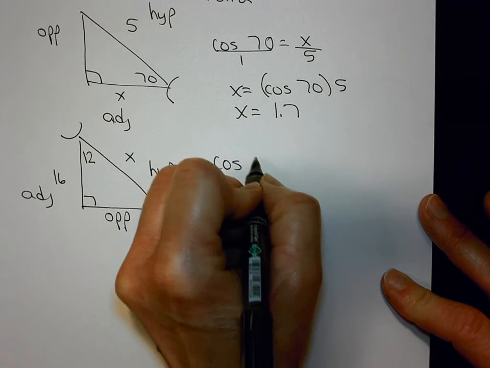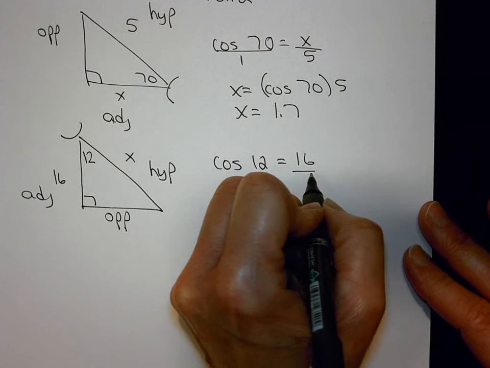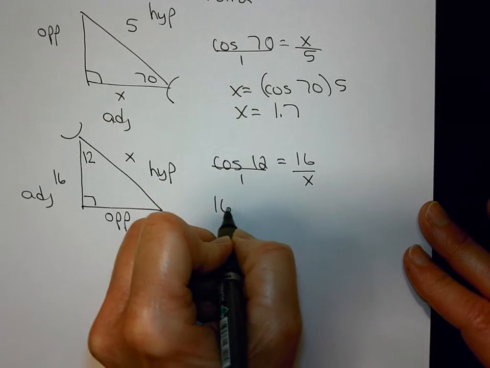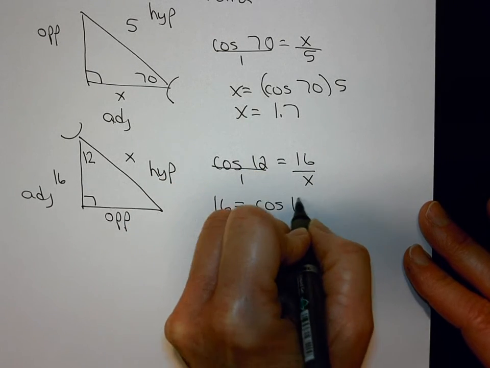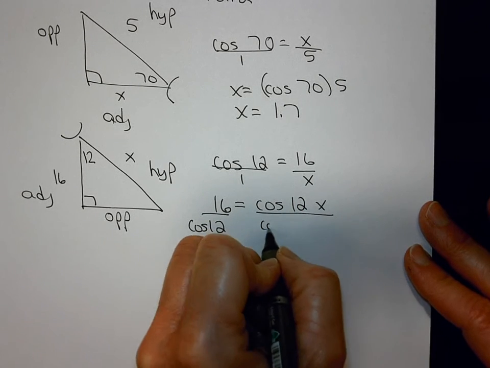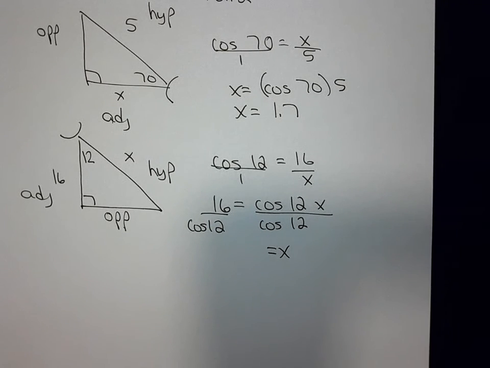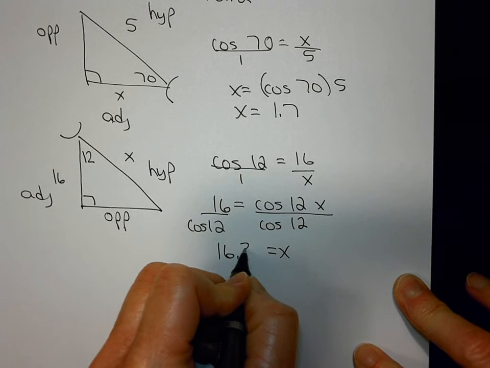So we'll do cosine of the angle 12 is equal to 16 over x. Okay, we cross multiply. 16 is equal to cosine of 12 times x. We have to divide. Remember, these are partnered up. It's not a 12, it's a cosine of 12. So x is going to be 16.3.